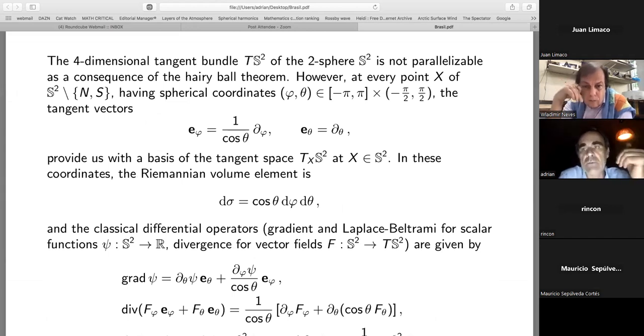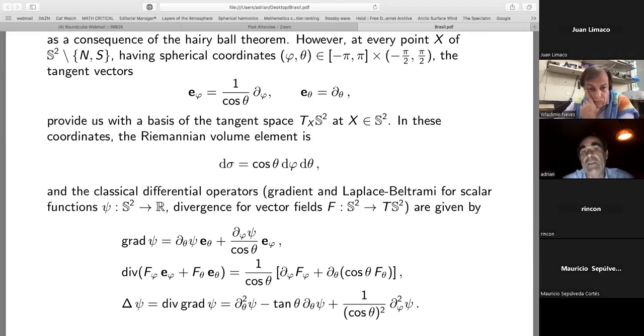So what I want to do now, I want to write the Euler equations. Okay, so I need coordinates, and the tangent space has these two vectors. Theta is latitude, the volume element is the sigma written here, and then I need gradient, divergence, and Laplace.